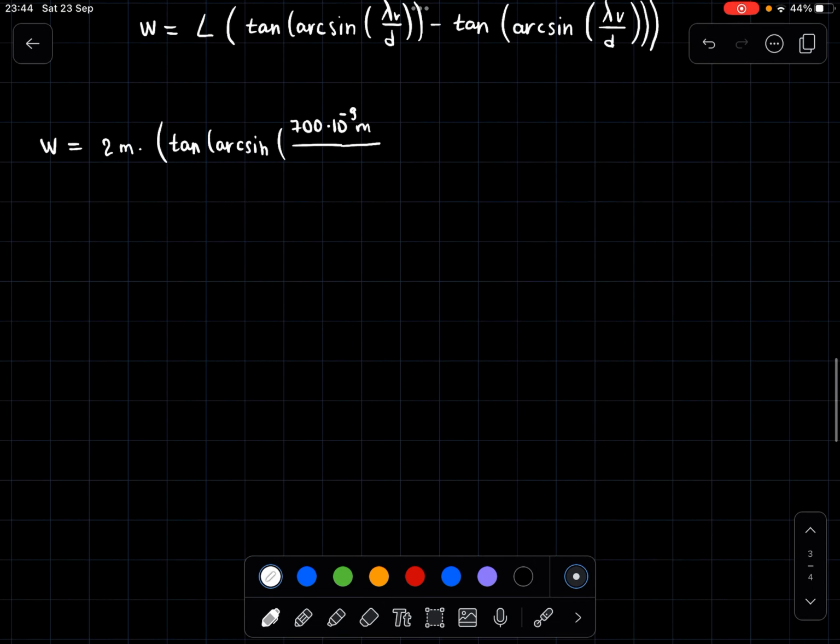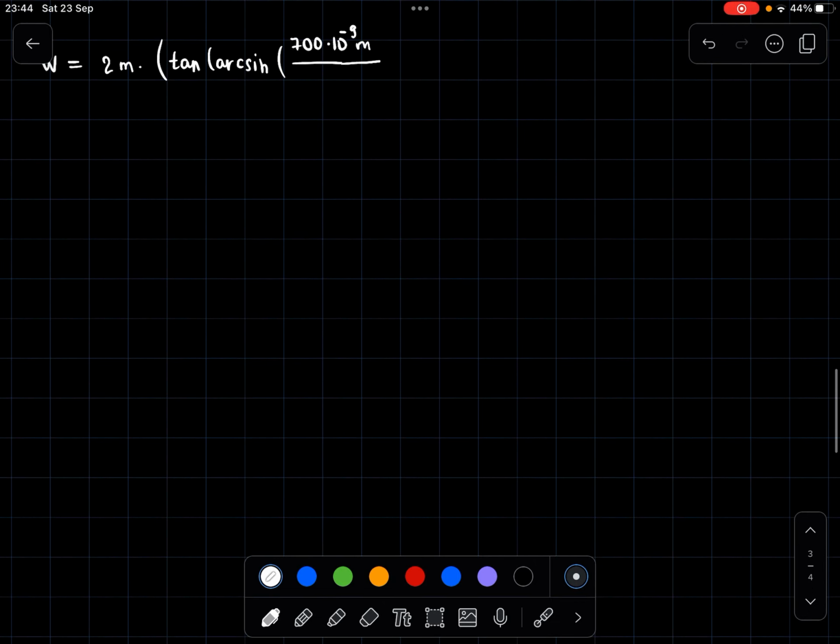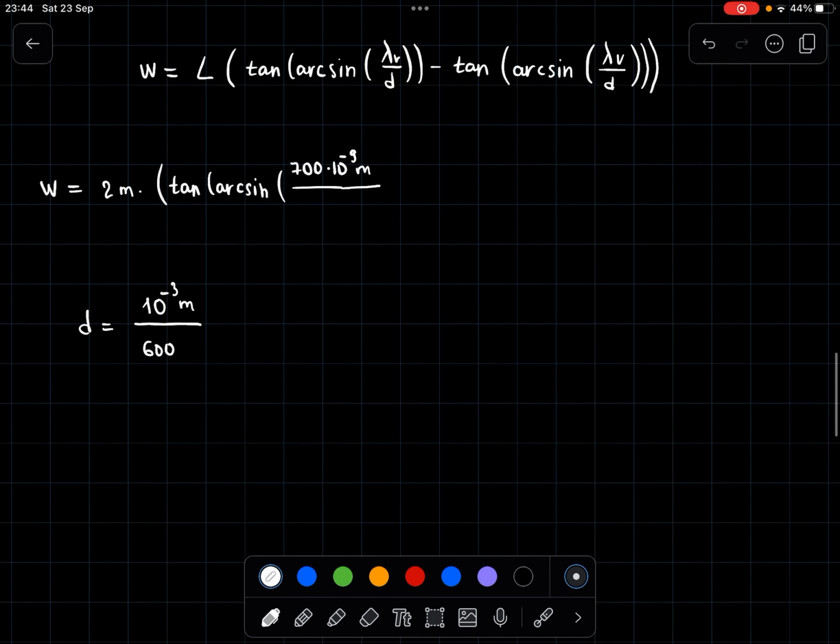Let me find the d. I need to divide 1 millimeter, or 10 to the power of minus 3 meters, by 600. So this will be the distance between two nearest slits. So let me write it as 10 to the power of minus 3 meters divided by 600.